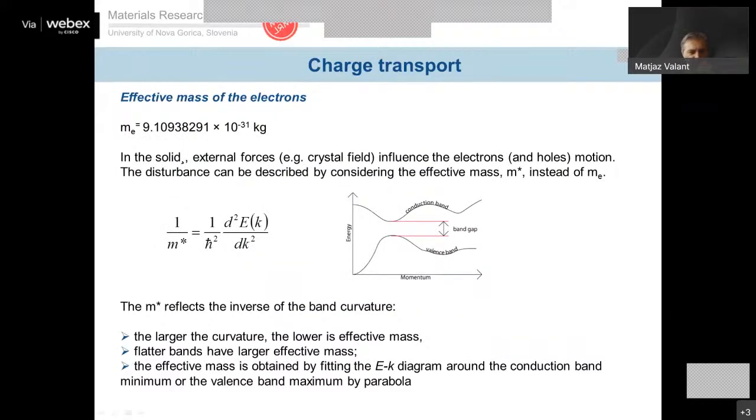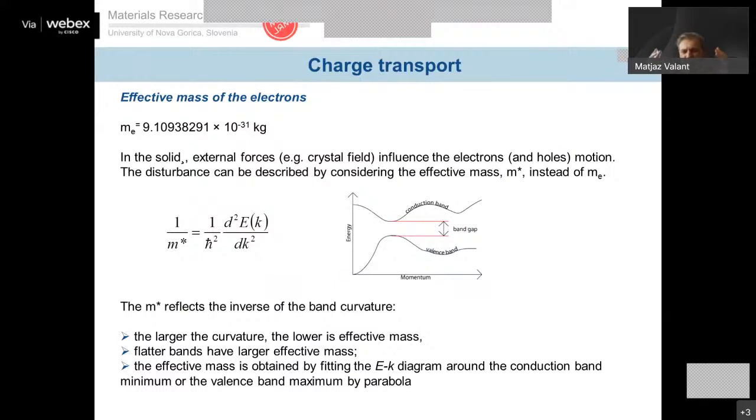I also want to touch on another issue, and this is the effective mass of electrons. Actually, the effective mass of electron is related to diffusivity as well. Of course, the electrons all have the same mass. The number is written here, small mass, but still. However, in a solid, this electron is influenced by the crystal field within which the electron is moving.